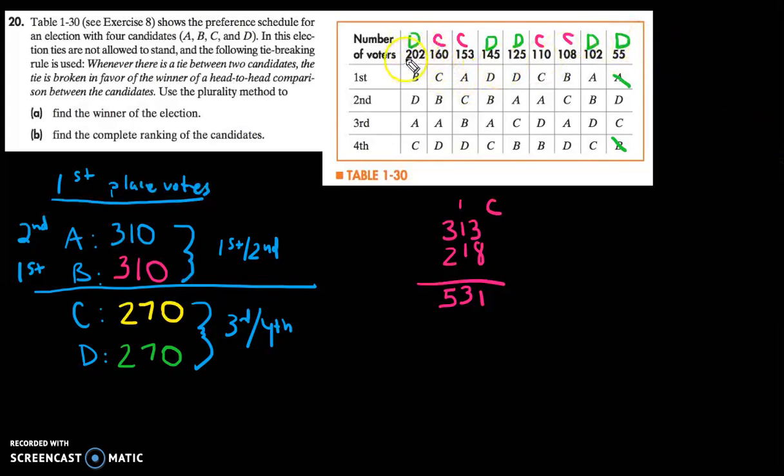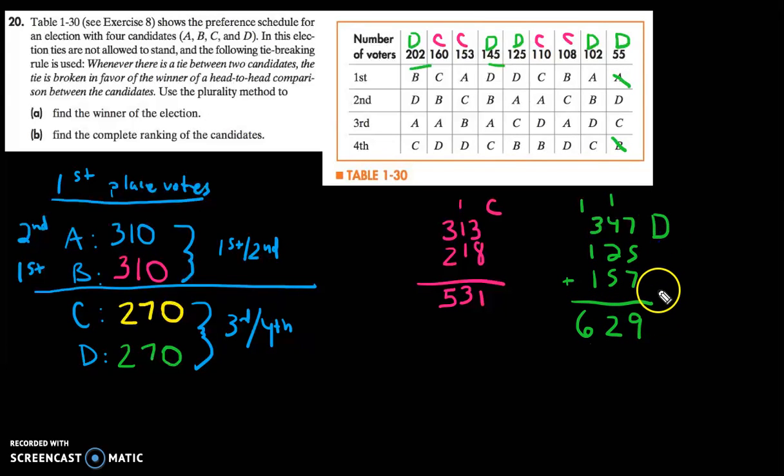And then D had 202 and 145, which adds to 347. So I did those two. And then they had 125 and 157. So this is 14, 19, 6, 11, 12, 3, 4, 5, 6. So they got 629 in the head-to-head matchup. So it looks like D wins the tiebreaker.